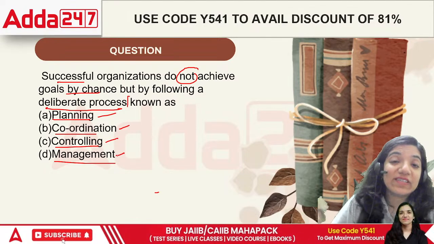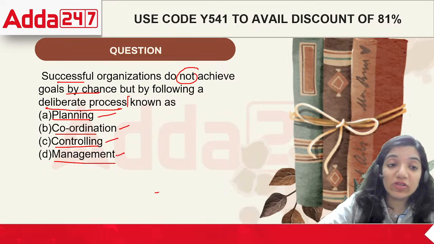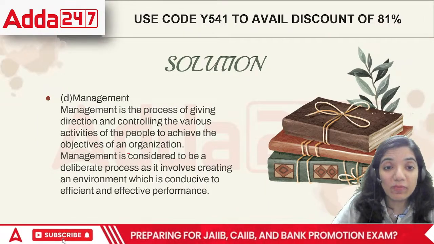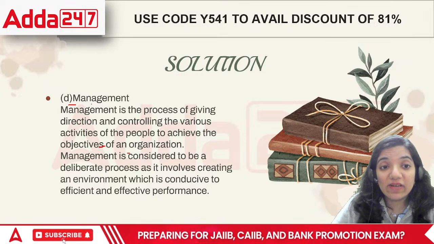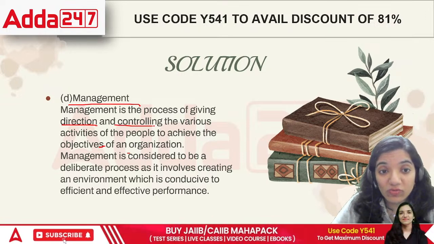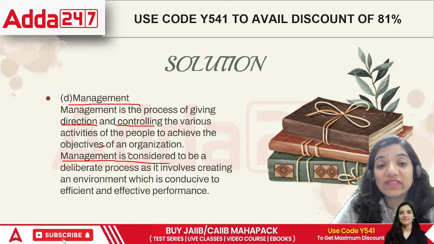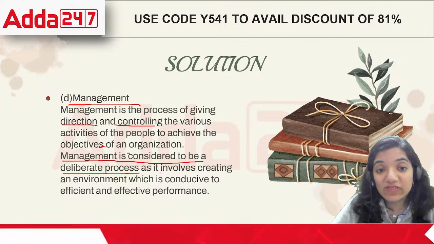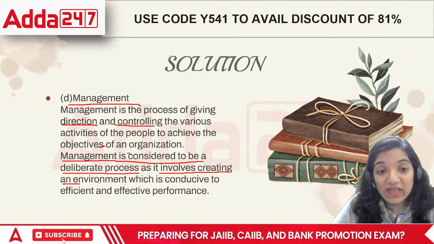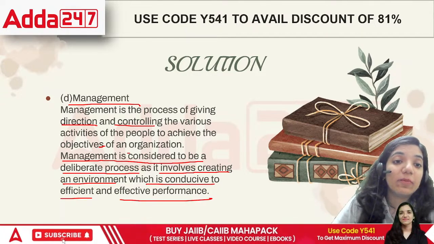When we talk about successful organizations, they do not get things on their own. They have to go through the proper process of management, giving directions to others and trying to control things. Management is considered to be a deliberate process, as it involves creating an environment which is conducive to efficient and effective performance.